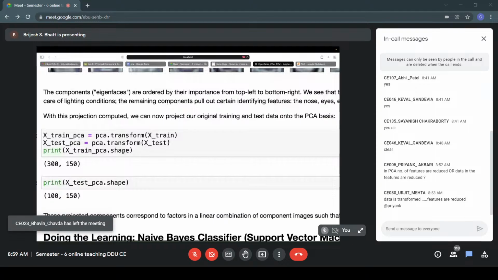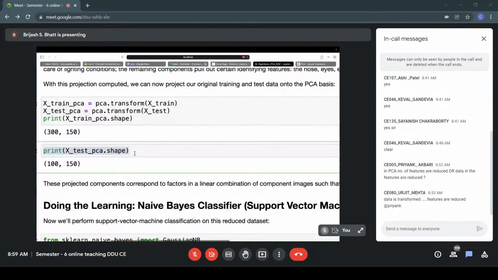So instead of doing classification on the entire image, we are now doing classification on data output from principal component analysis. Rest of the things will be the same as what we did in the naive-Bayes classifier. So divide the data into training set and testing set. We use some data for training, some for testing, and then we do the naive-Bayes classifier.